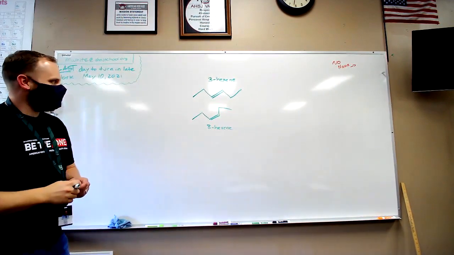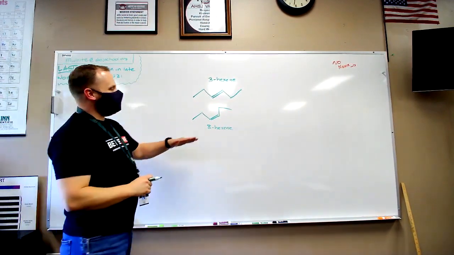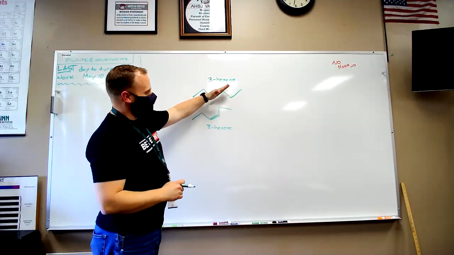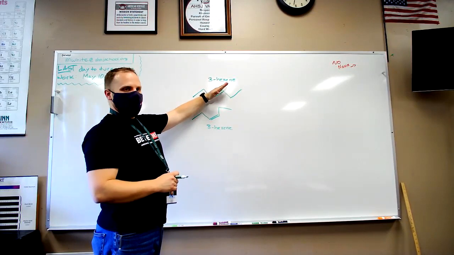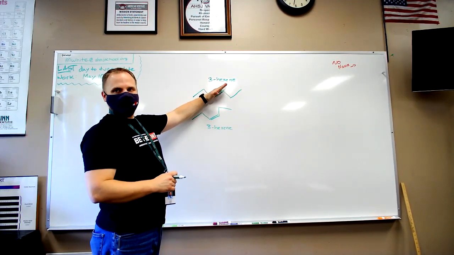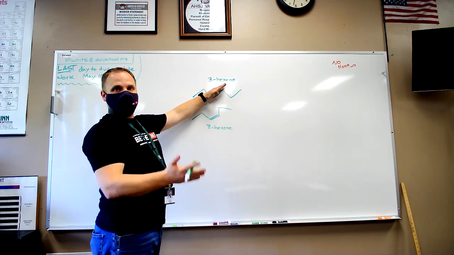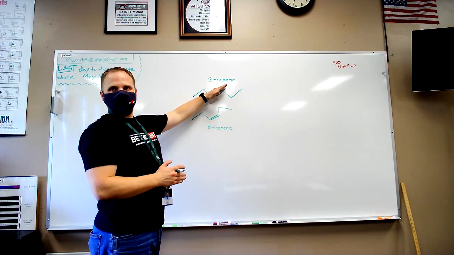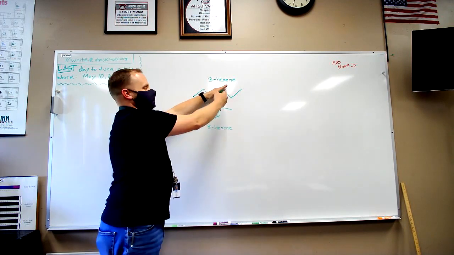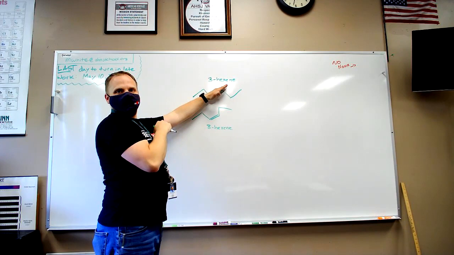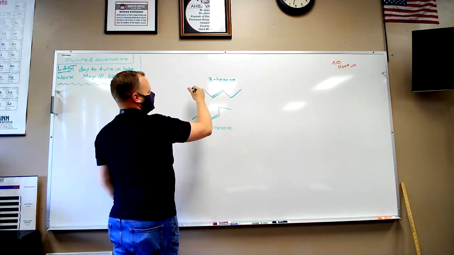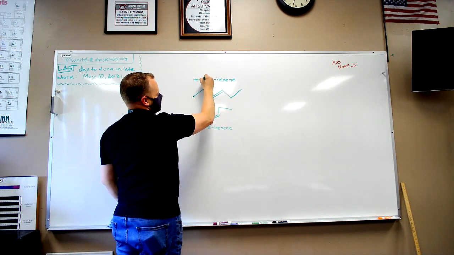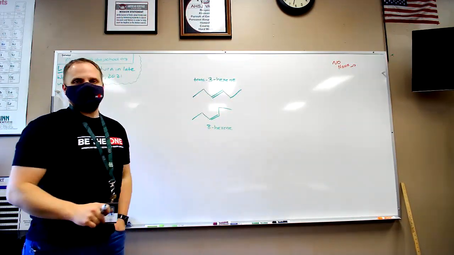If you put your hand over the double bond, the carbons that come off of that double bond, are they on the same side of my hand or are they on different sides? They're on different sides. It goes across the hand, right? You see that, everyone? Because one is down here and one is over here. So we call that, because it goes across the double bond, trans 3-hexene.